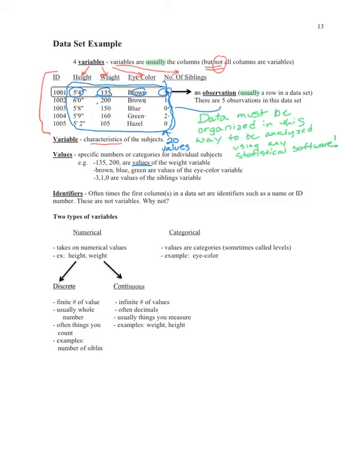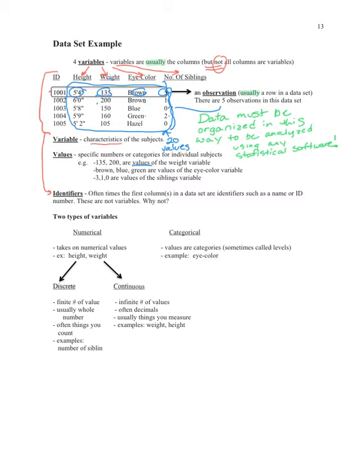Now, what about this first column here that we've been totally ignoring? ID number. Okay, that is an identifier. It's not a variable because it's not something we're going to find the mean of or draw a graph of. It's simply there to identify each observation.